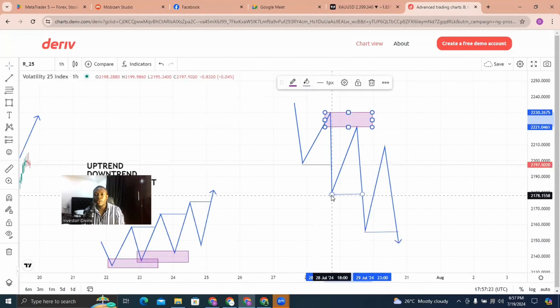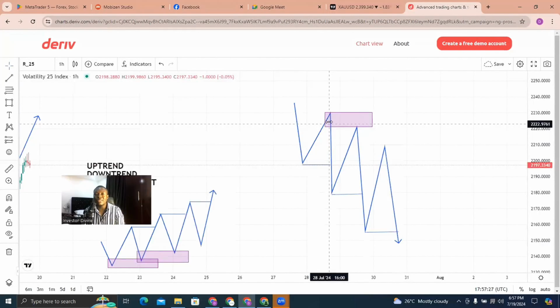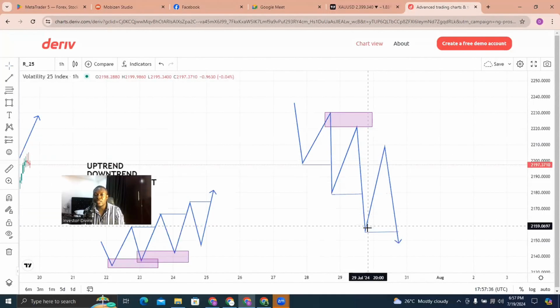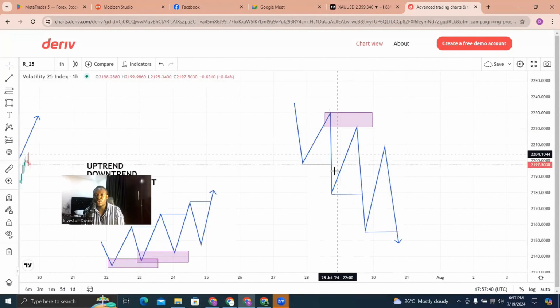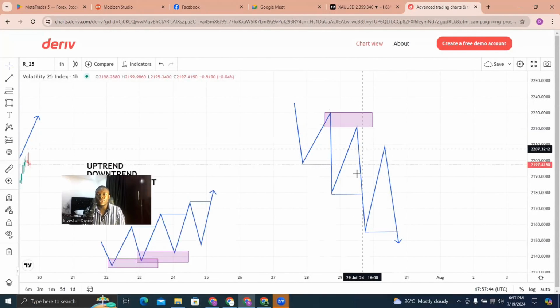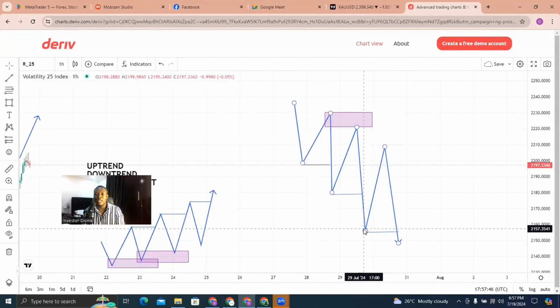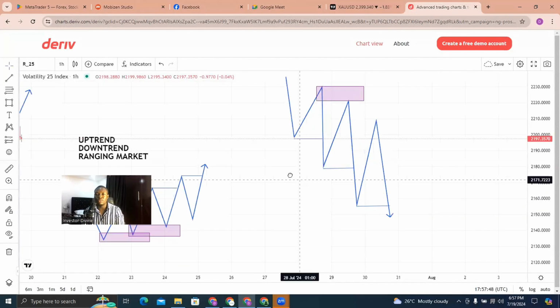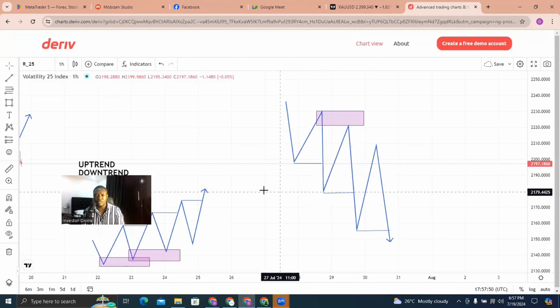So market began to buy up and tapped into a particular supply zone over here before it reversed and continued its downtrend. There's a particular zone where market bought into before it continues the sell movement that it wants to do. Market must always do this.